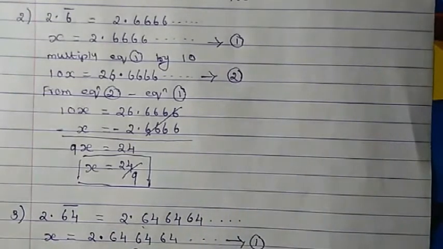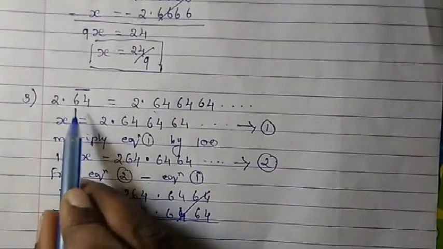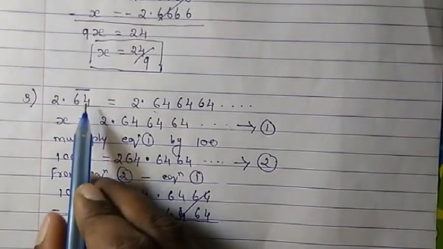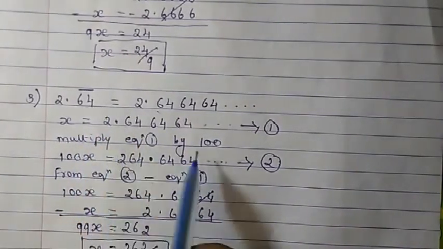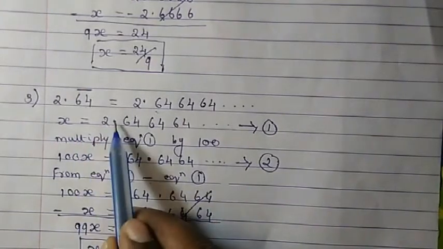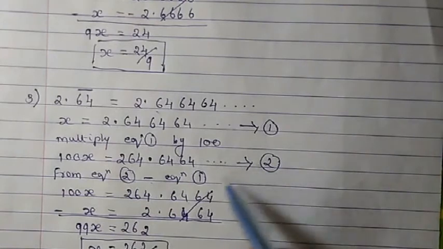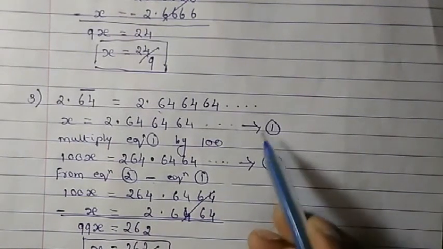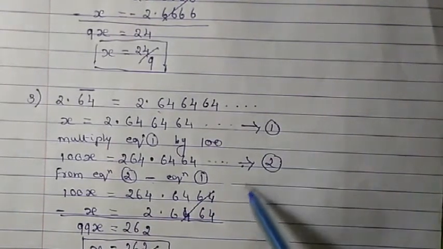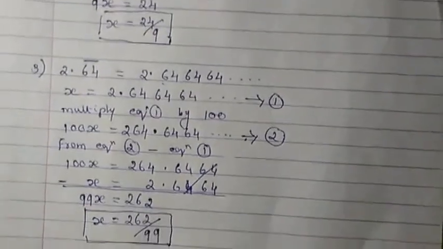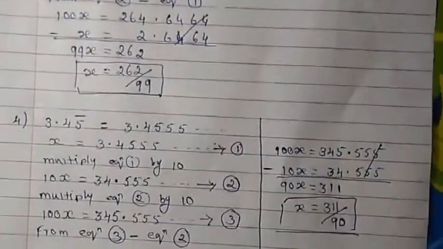You will get the PQ form. Then if 2 digits are being repeated, we will multiply by 100 and shift this decimal 2 digits ahead, and then the rest of the thing is the same. From equation 2 you minus equation 1, then we get the PQ form.